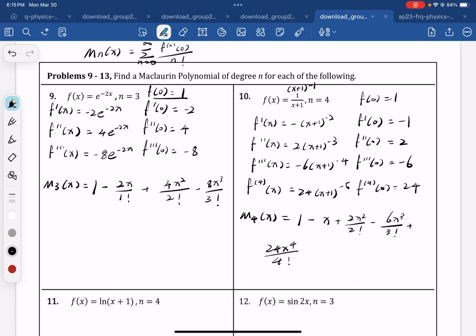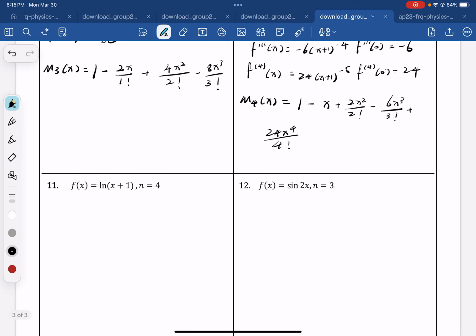Let's see question 11. f of x equals natural log of x plus 1, and the degree is 4.